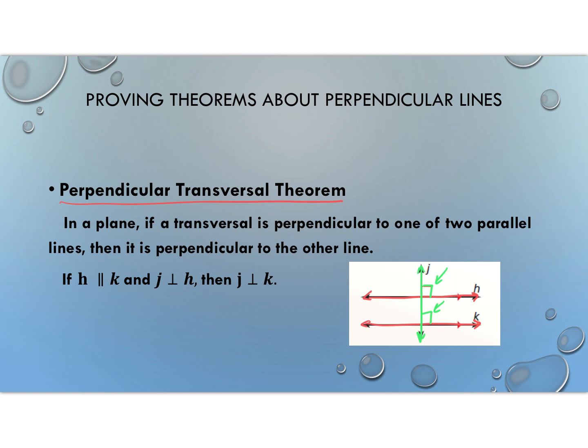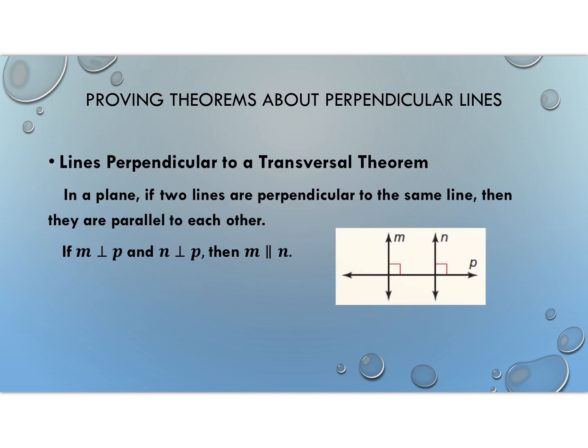That makes sense. Remember that corresponding angles have to be congruent. So if this one's 90, this one must be 90 as well, because we know these lines are parallel. So it makes common sense that this theorem would work, but again, we write it out. If H is parallel to K and J is perpendicular to H, then J is also perpendicular to K.